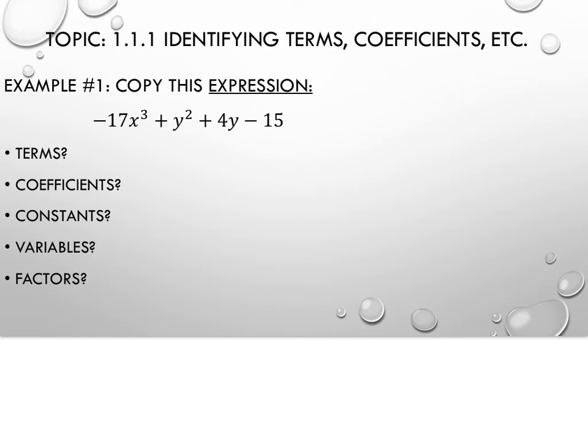So let's go through, take a moment, pause the video, and copy down this expression. If you have a workbook, it's probably already copied for you. While you're pausing, look and see if you can write down the terms, the coefficients, the constants, the variables, and the factors, and then we'll do those together when you're not paused.